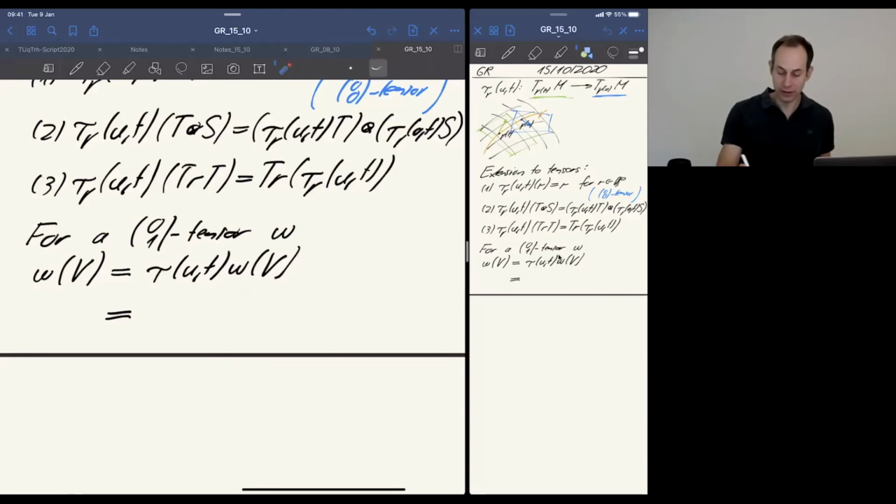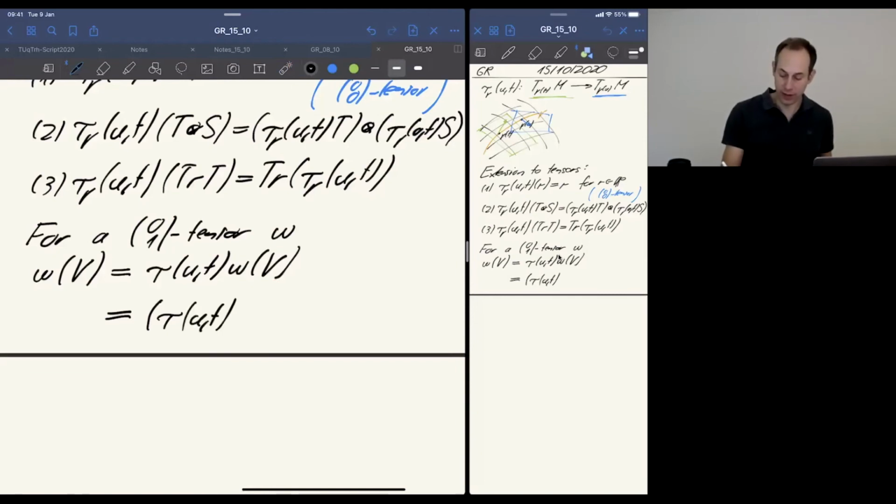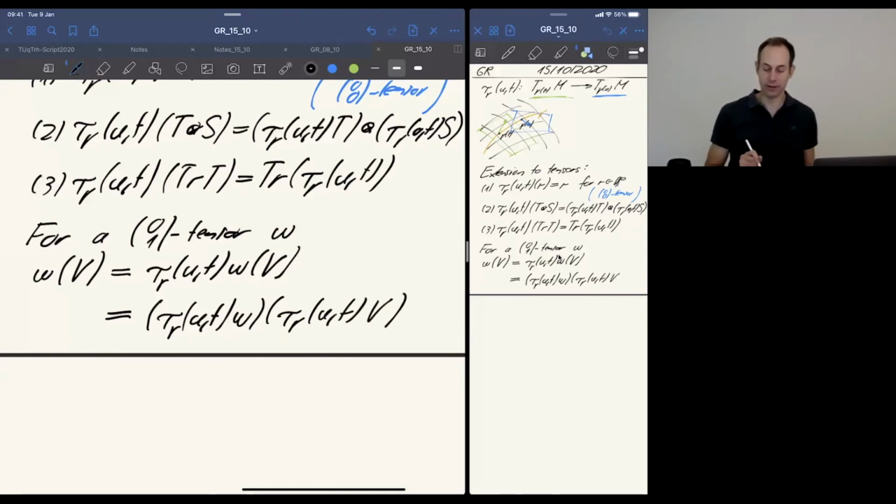So this trace rule and rule 2 applied to this particular case tells me just transform it by applying tau gamma t u to the omega. And then I get a new covector and apply this new covector also to the transformed vector v. And that's the same. So that's essentially rule 2 and 3 applied.